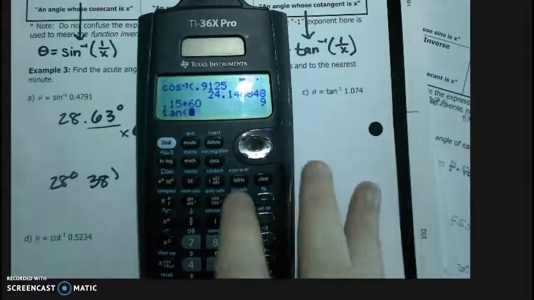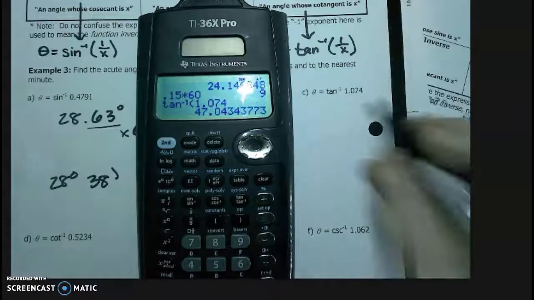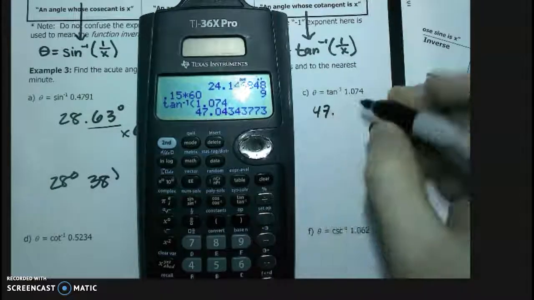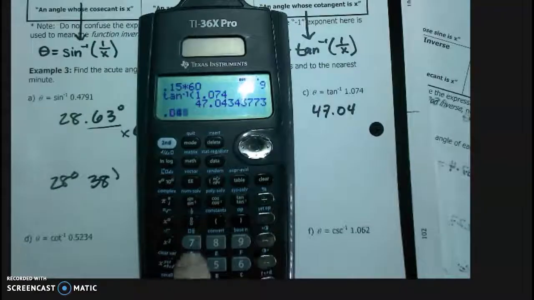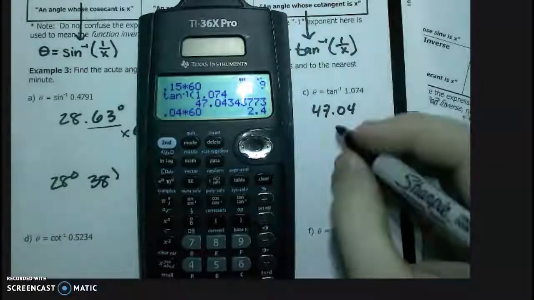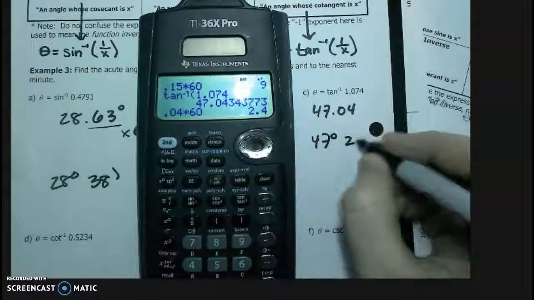Inverse tangent. 47.04. If I take my 0.04 times 60, I'm getting 2.4, which does not round up, so 47 degrees, 2 minutes.